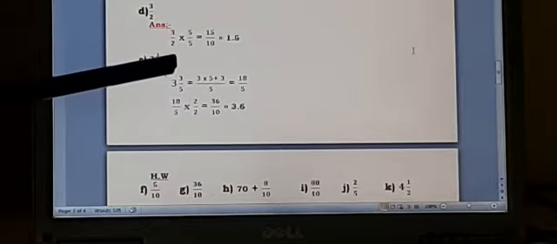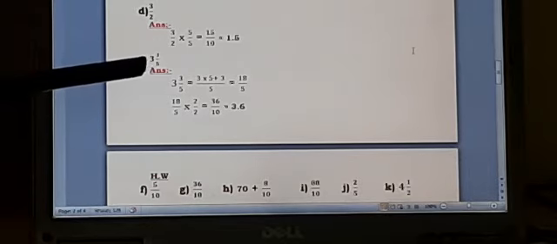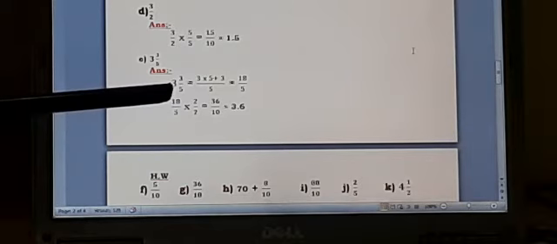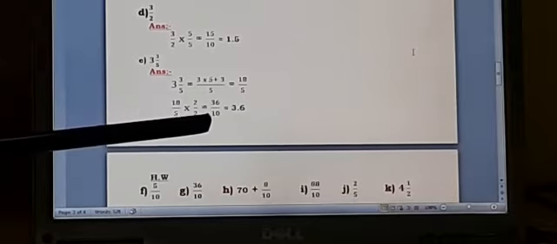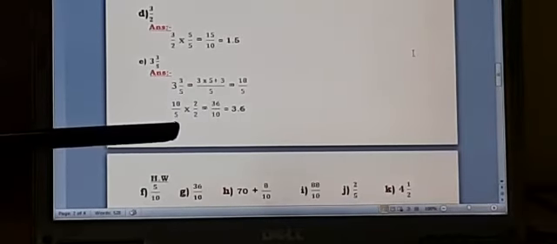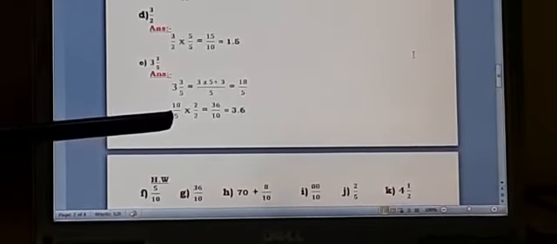See the next question. Here they have given a mixed fraction, 3 by 5. This mixed fraction also we convert into an improper fraction. After making it an improper fraction, same thing: we have to convert the denominator into 10. Here the denominator 5 is there.